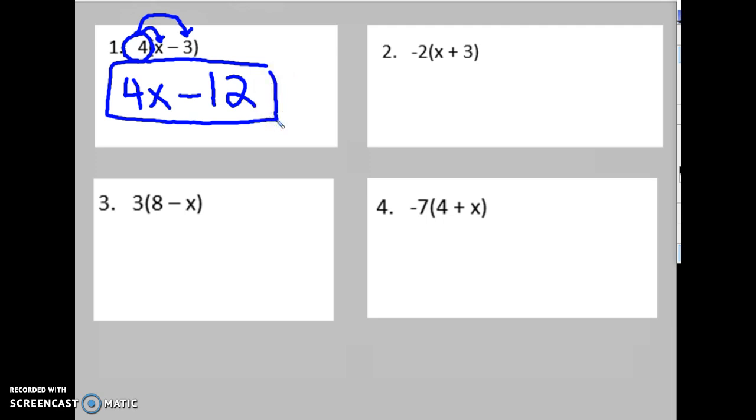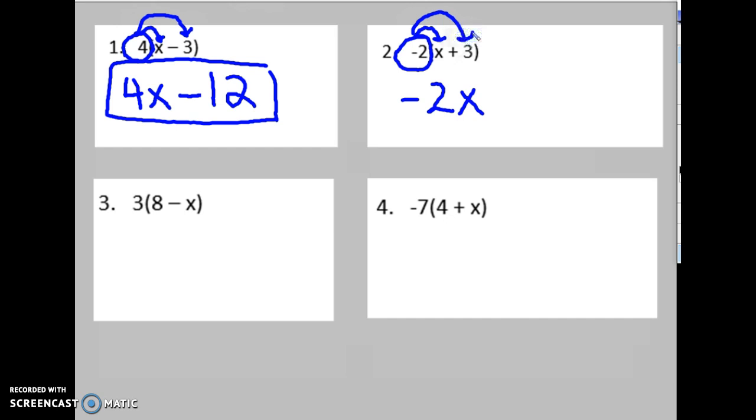Notice on problem number 2, what is outside of parentheses isn't a positive number, but a negative number. So this time I have to multiply the -2 to everything inside the parentheses. We'll start by multiplying it by the x. -2 times x is -2x. We also need to multiply the -2 by the 3, which is +3.